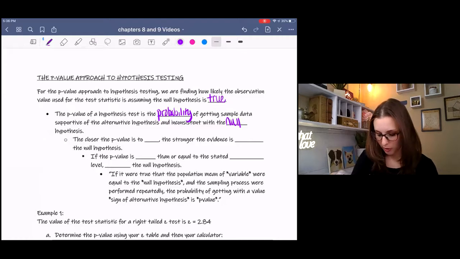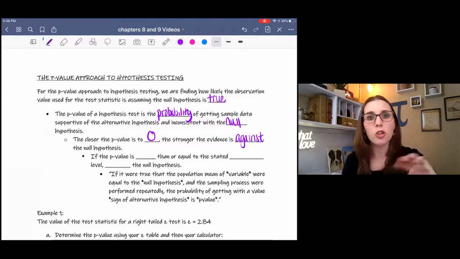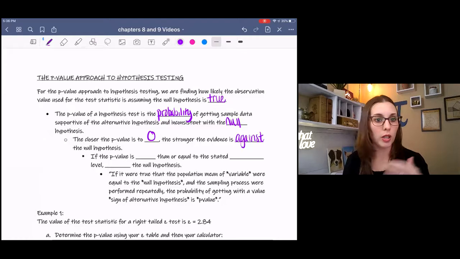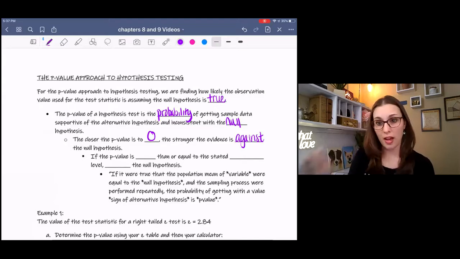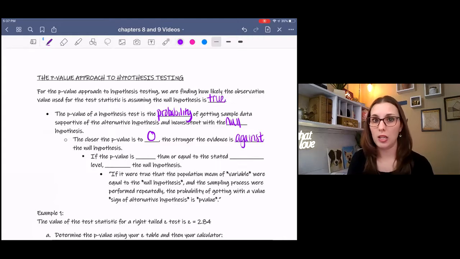So the closer the p-value gets to 0, the more evidence we have against the null, because if the null is true and we get a p-value of like 0.000001, then the probability of getting this value based on that null hypothesis is really, really small, which means we might need to reject the null hypothesis. So if we can find evidence against the null, then we can reject the null.